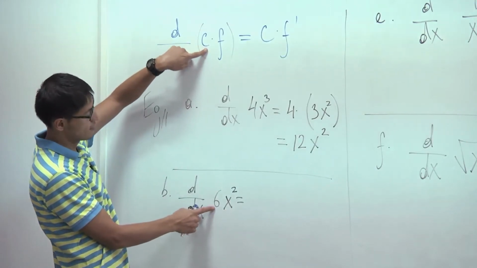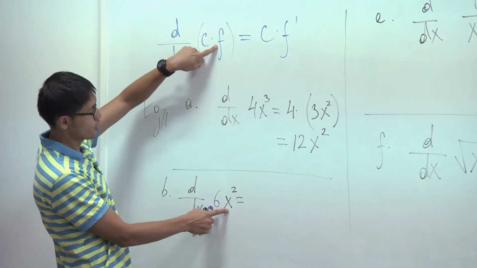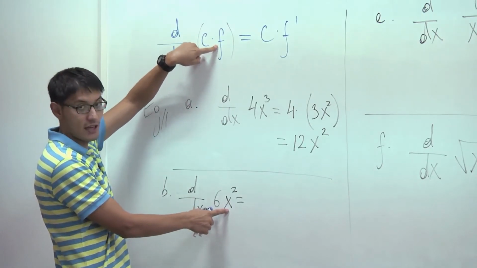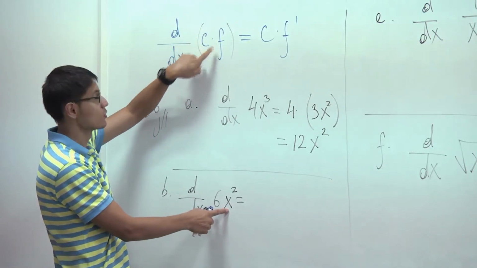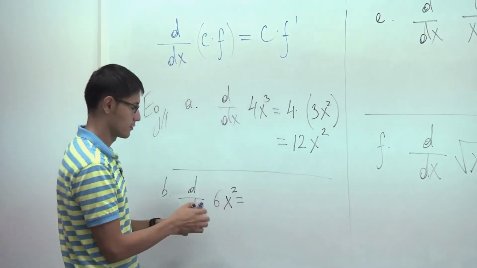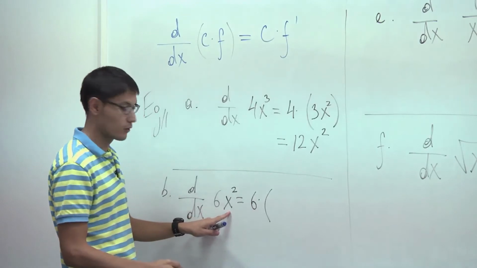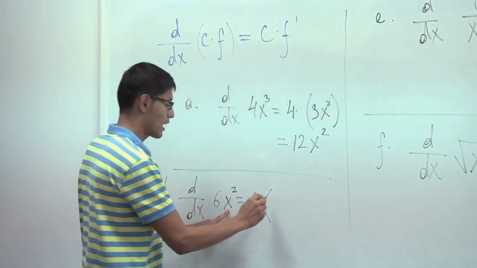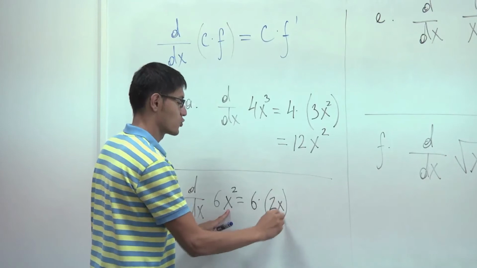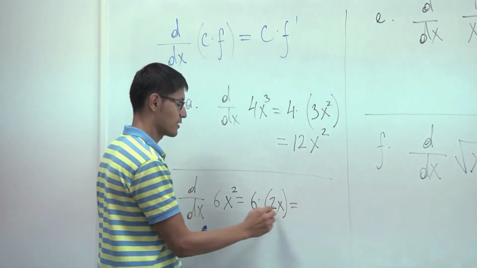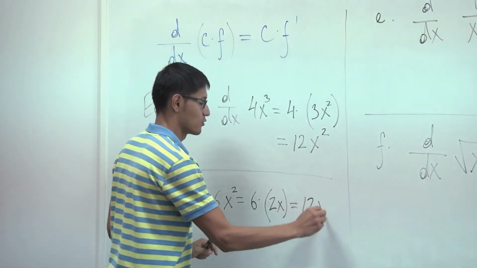The constant is 6, and the function f is x squared. So nothing will happen to the 6, and we only take the derivative of x squared. By the power rule, x squared becomes 2x. So if I multiply by 6, the final answer is 12x.